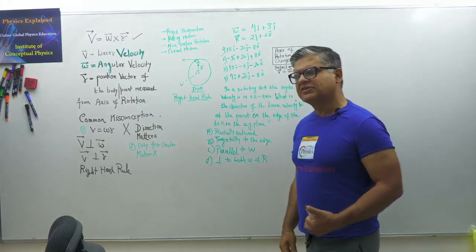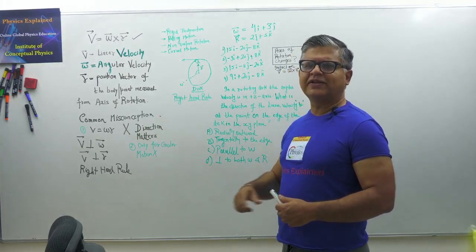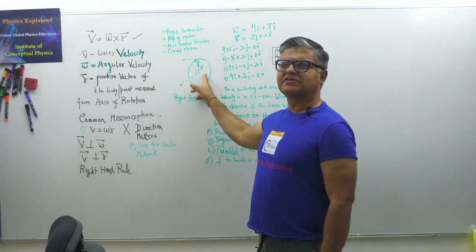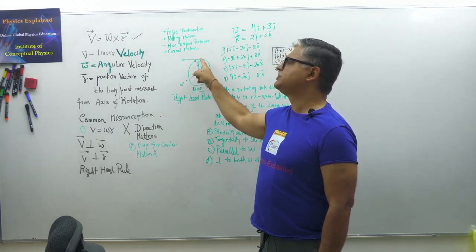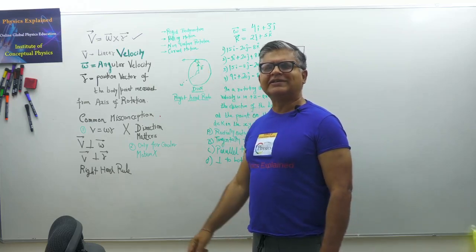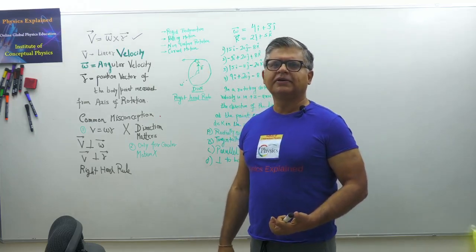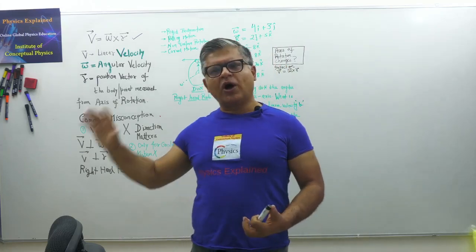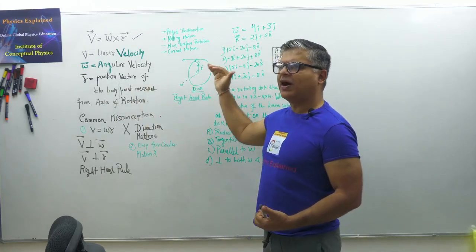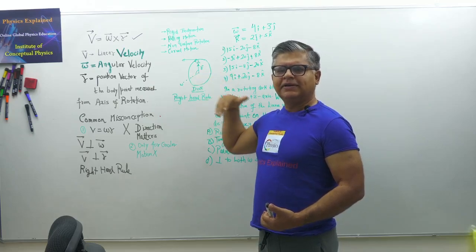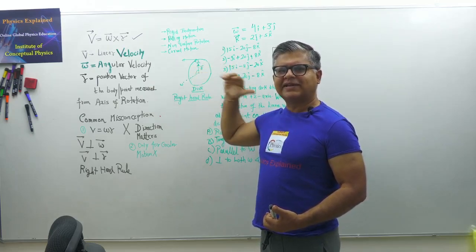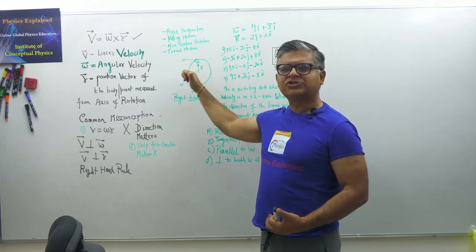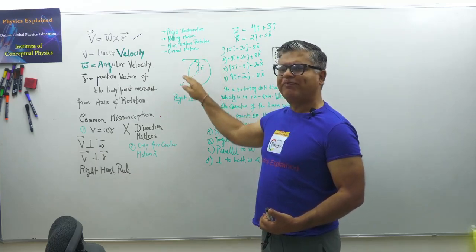What is the direction of the position vector? It is measured from the axis of rotation to the point which is undergoing the rotation. So I hope the concept of how to apply the direction sense is getting clear in your mind. ω is actually perpendicular to the plane of rotation.